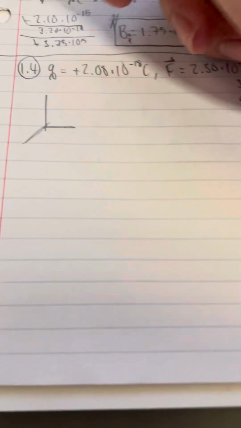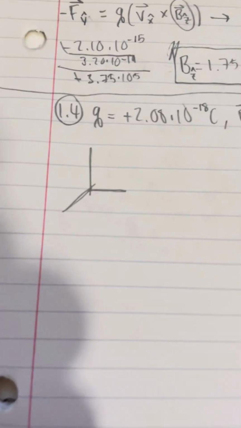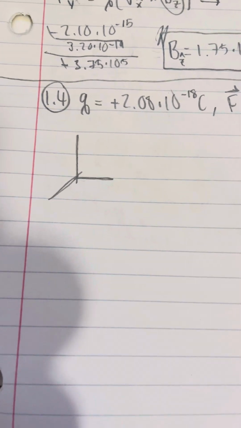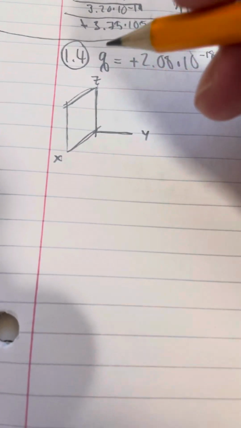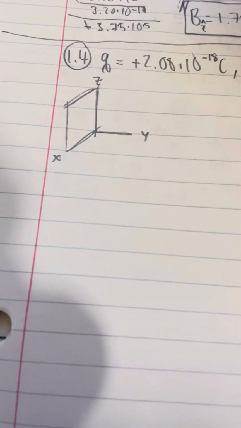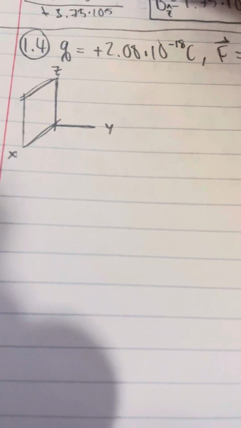So I kind of want to draw this one out really quick. It says it moves at a velocity in the xz plane. So if we say z, x, y, we can treat this guy as the xz plane, and it is going, let's write like this.